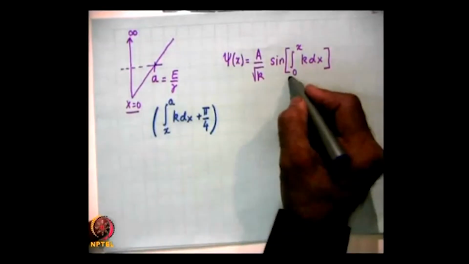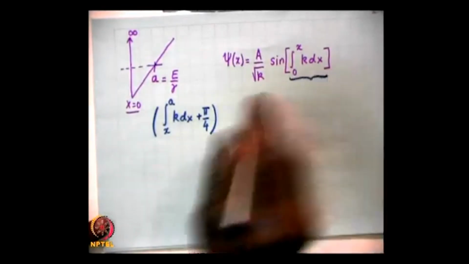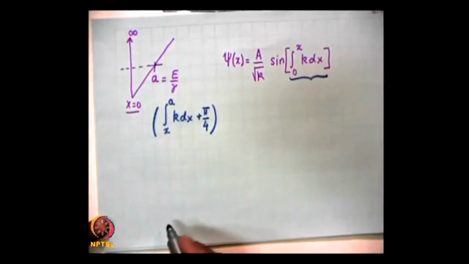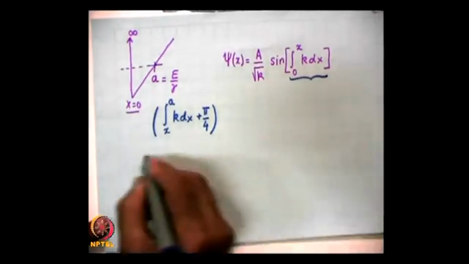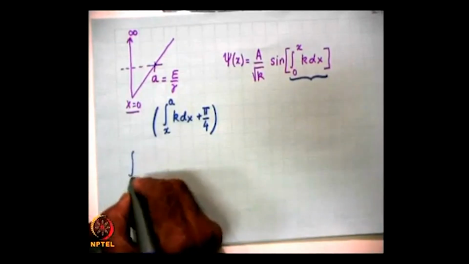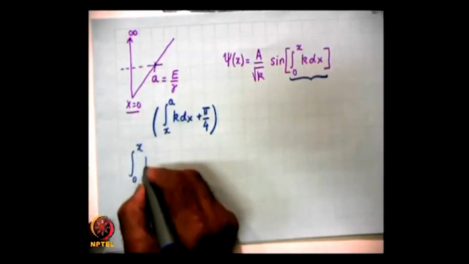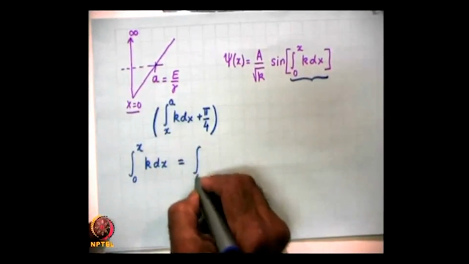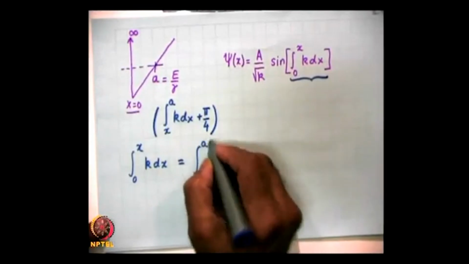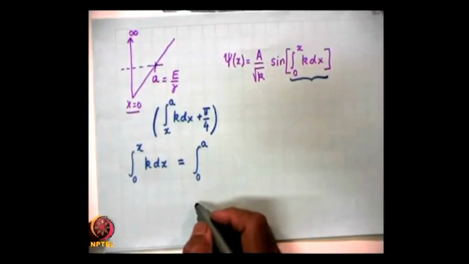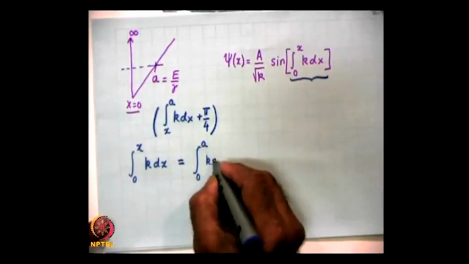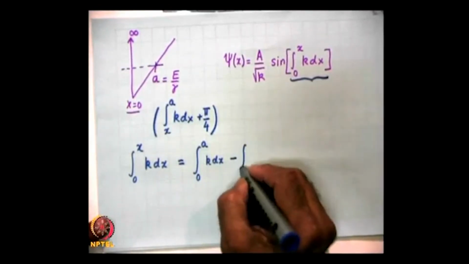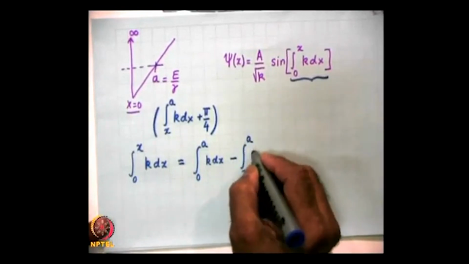So, I must write this so that it has a term which is equal to this, which is very simple, because the integral from 0 to x of k dx is equal to the integral from 0 to a of k dx minus the integral from x to a of k dx.